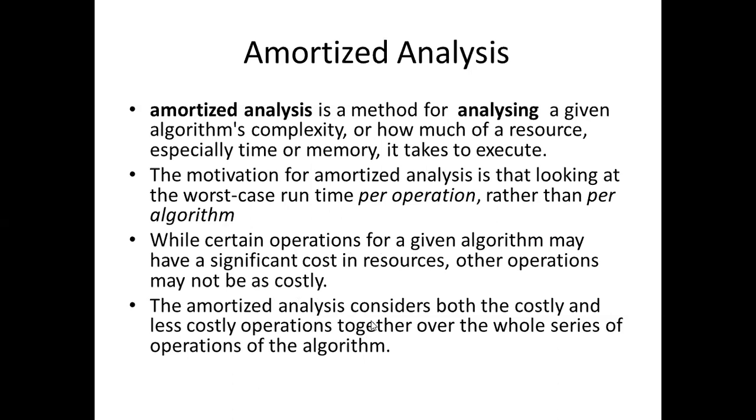So the amortized analysis considers both the costly and less costly operations together over the whole series of operations of the algorithm. That means in the various operations we are performing, some are more costly and some less costly, we are combining these operation costs, we are averaging. So this is called amortized analysis.